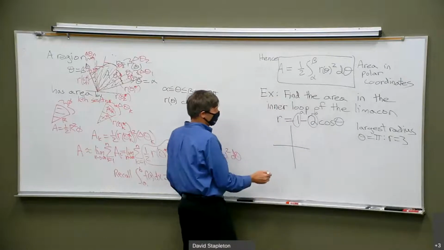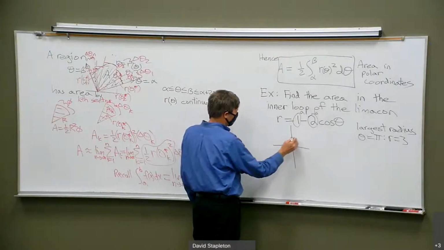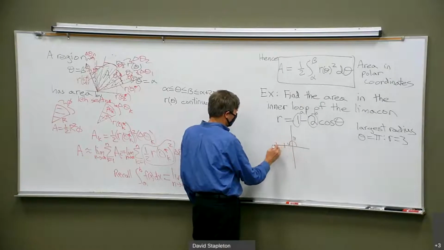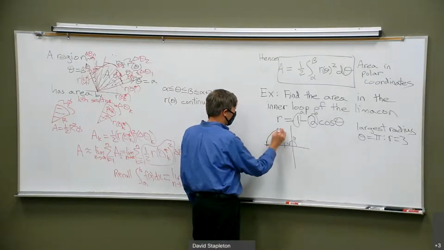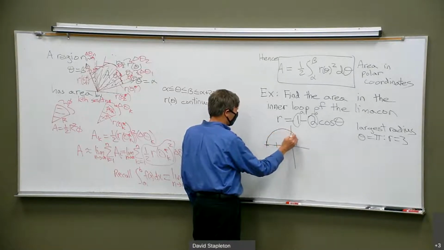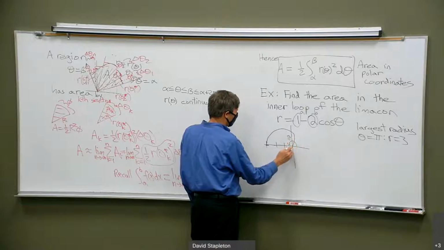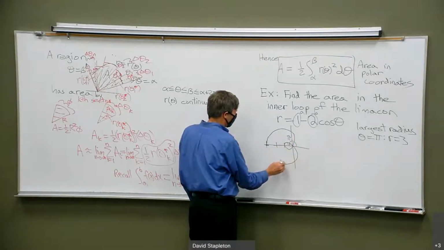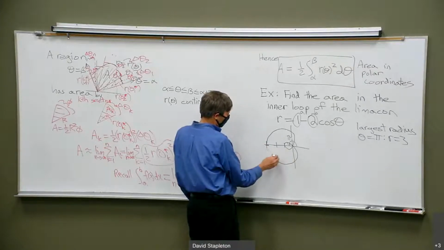Which means that this is something I go around the angle theta equals pi. I go out 3 units, 1, 2, 3. And this is the big side of the limaçon. Because it's a limaçon of the loop, it comes around like this. If I mark my angle. It's a little loop. And there it is. There's about what it looks like.